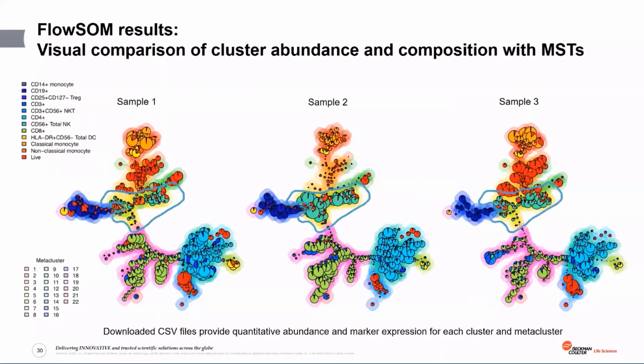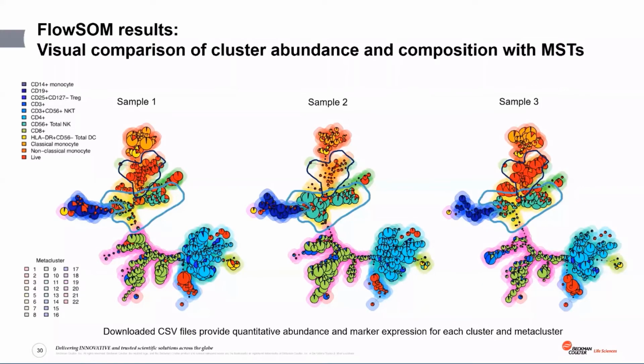So here's the position of metacluster 3 and metacluster 5, and those are indeed metaclusters that we could see differences in just by eye, but we also see those differences when we look at event counts. So here's how you can compare population to population visually by using your minimum spanning tree and quantitatively using the downloaded metacluster abundances and the event counts.